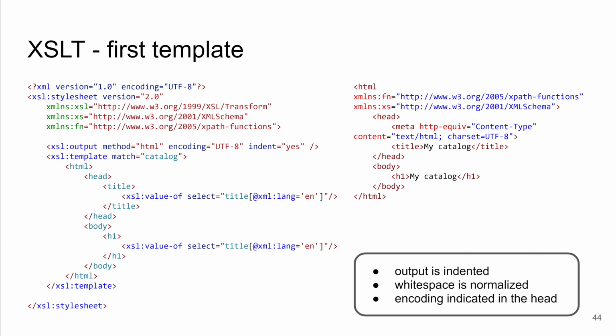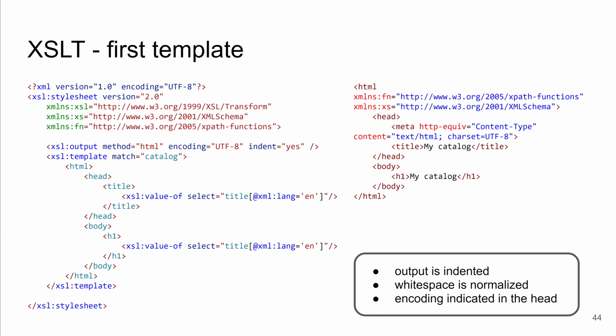HTML like this. So it's an HTML document. There are some namespaces defined that are based on the namespaces defined in the style sheet. And there is the meta element here, which is the result of us specifying the output method as HTML and the encoding as UTF-8, which means that this encoding is also specified in the head.